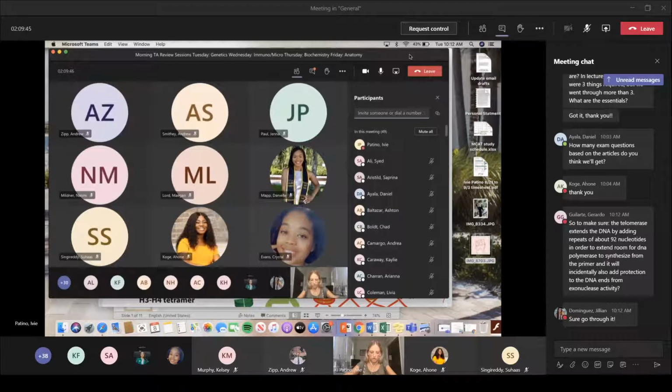Let me answer this one question in the chat first. So to make sure, telomerase extends the DNA by adding repeats of about 92 nucleotides in order to extend room for the DNA polymerase to synthesize from the primer, and it will incidentally also add protection to the DNA ends. Yes, that's correct. So when we replicate our DNA, there's always going to be an end that doesn't get replicated because there's not enough space for the primer, right? So that's technically a single strand of DNA. If you remember when I discussed the exonuclease activity, that subunit in DNA polymerase looks for a single strand.